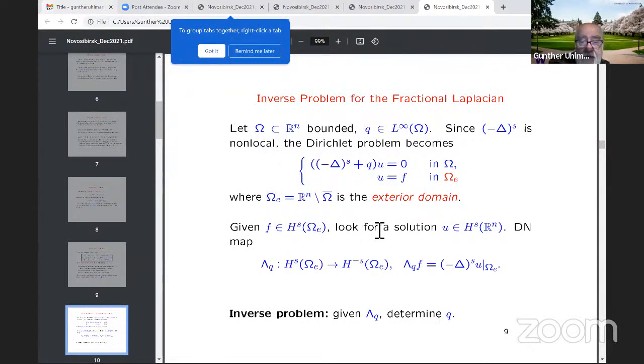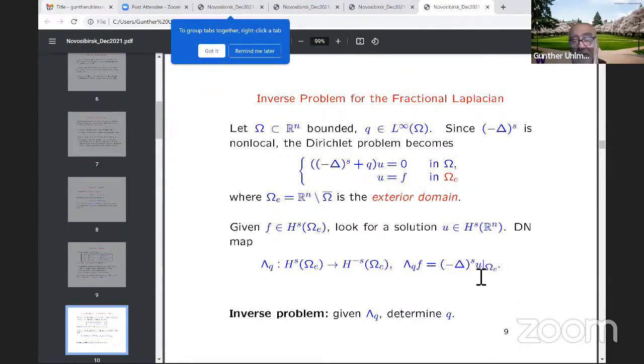And then given an F in Sobolev space H^s in the exterior, with the same s as here, you look for the solution in the Sobolev space, and the Dirichlet-to-Neumann map, in this case, maps H^s of the exterior to H^-s of the exterior, and is given by the fractional Laplacian. This is the equivalent to the normal derivative in this case.